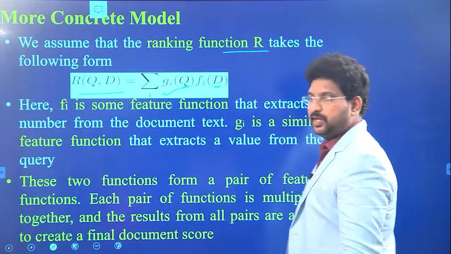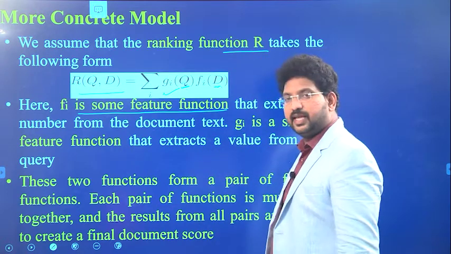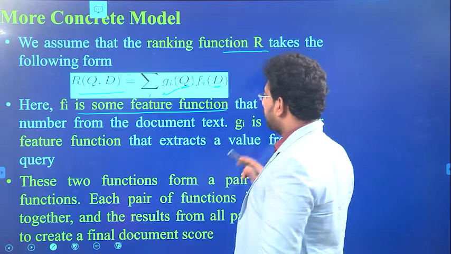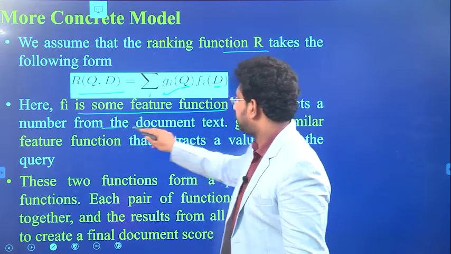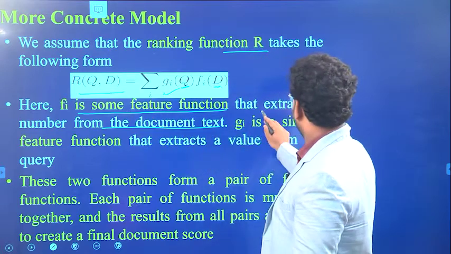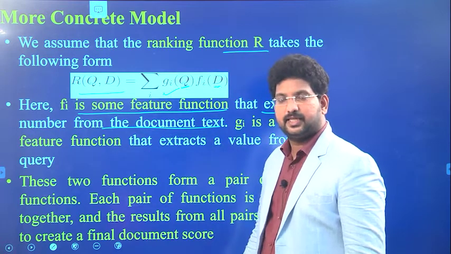Here if you observe, fi is some feature function that extracts a number from the document text.